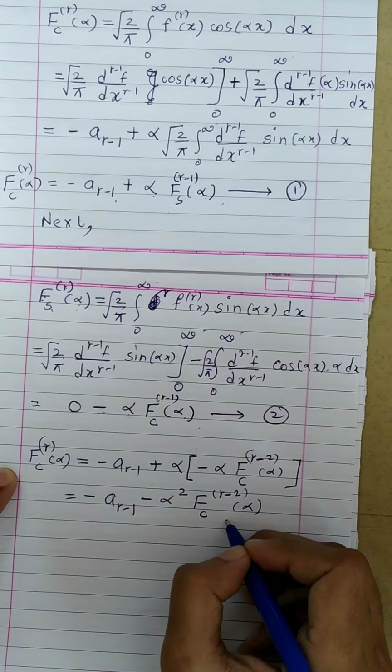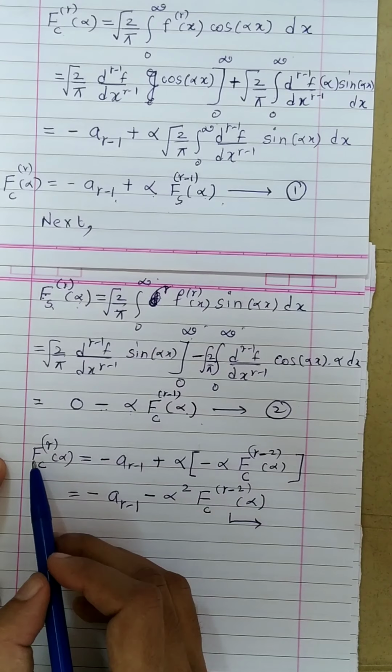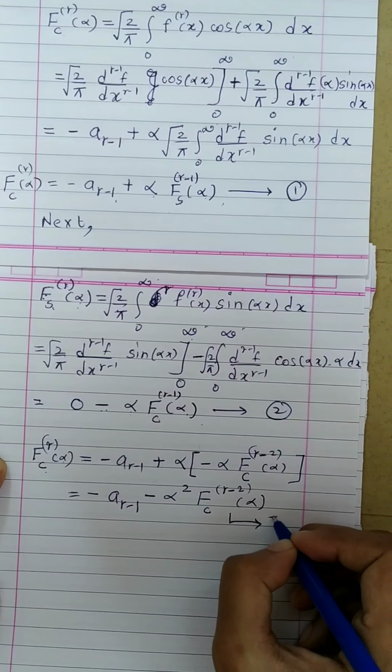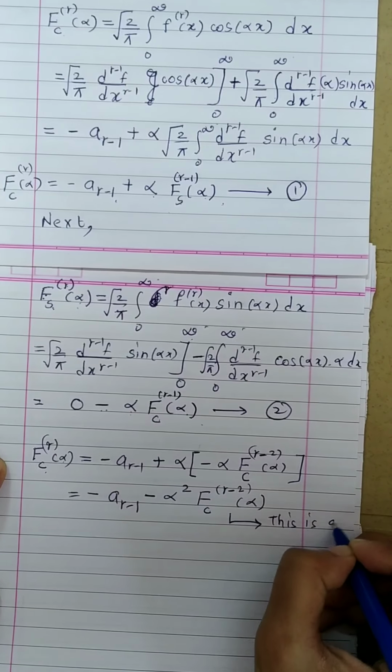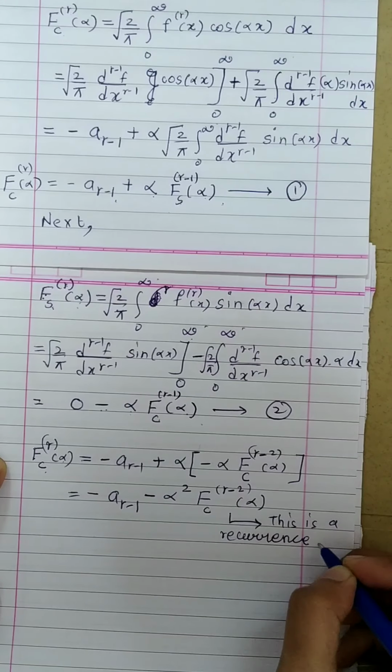Okay, and we can note this down. This is a recurrence relation for this Fourier cosine r of alpha.